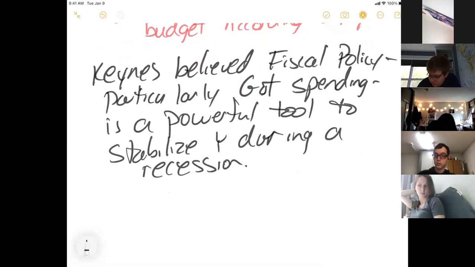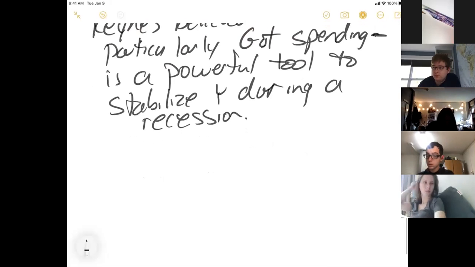Keynes believed that fiscal policy, and particularly government spending, is a powerful tool to stabilize output during a recession. Why did Keynes believe that this is so powerful?